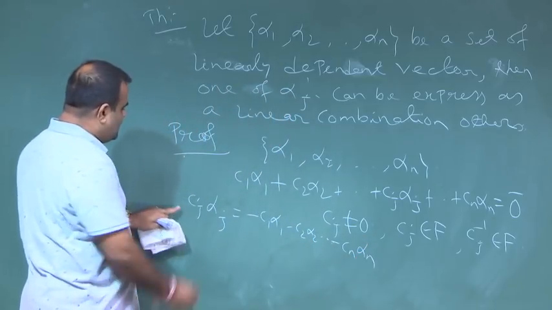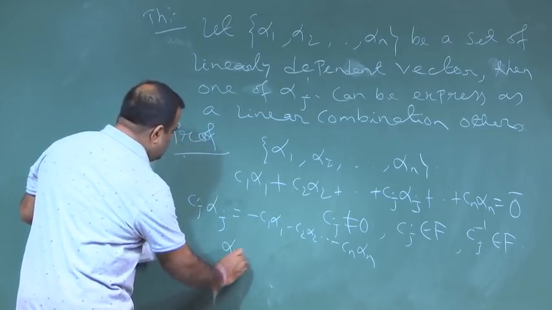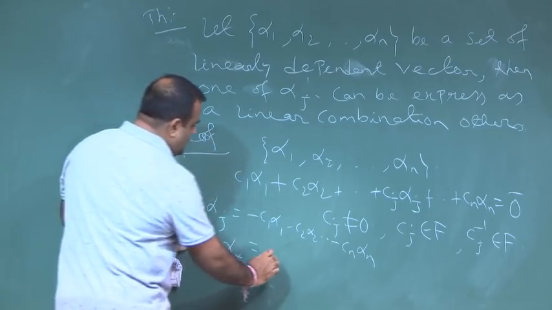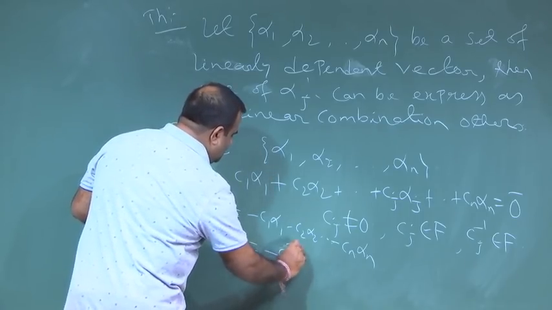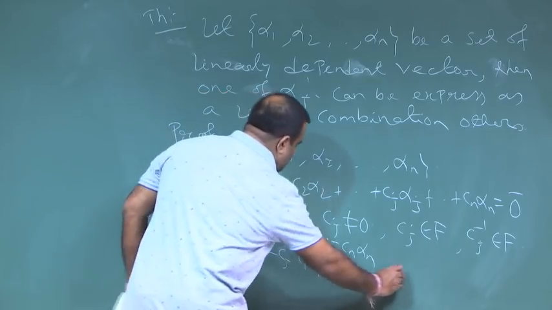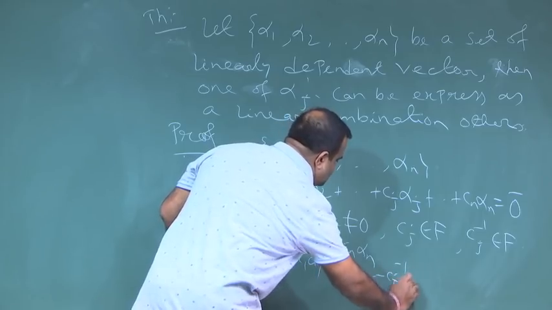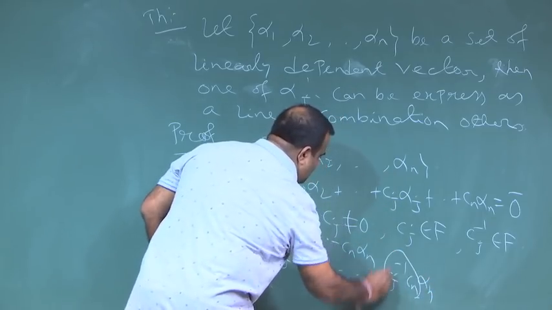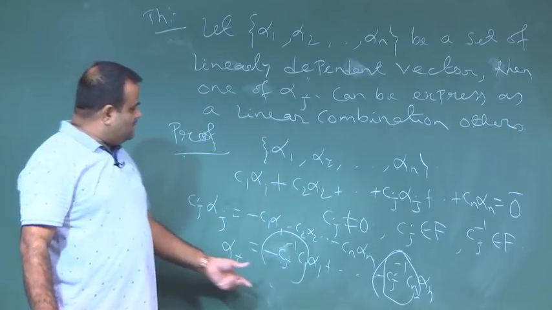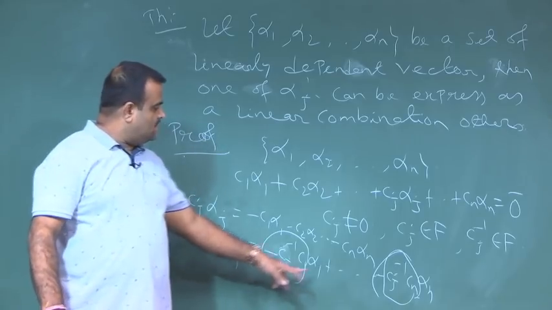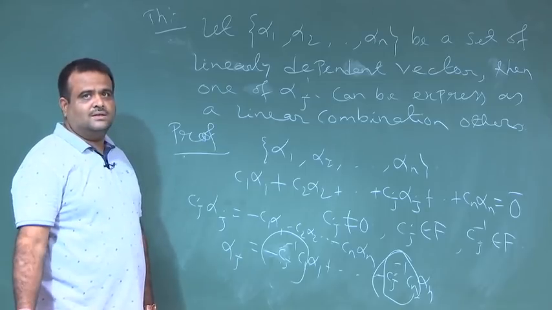Now the inverse exists, so we multiply both sides by Cj inverse. This will cancel out, and alpha j is minus Cj inverse C1 alpha 1, and so on, up to minus Cj inverse Cn alpha n. These are all scalar quantities, call them d1, d2, up to dn. So alpha j can be written as a linear combination of the others. Thank you.